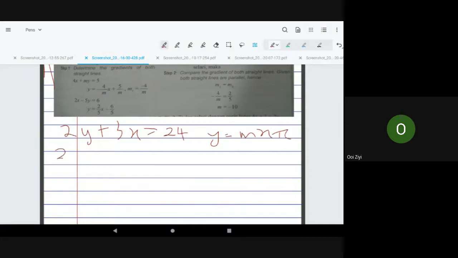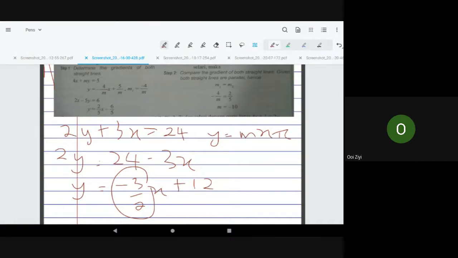So 2y equals 24 minus 3x. So y is equal to negative 3 over 2 x plus 24 divided by 2, which is 12. We look at the gradient. The gradient is negative 3 over 2. This is for the first line.